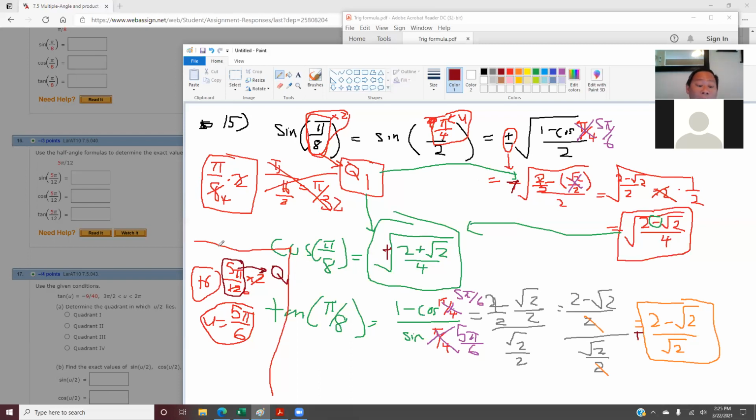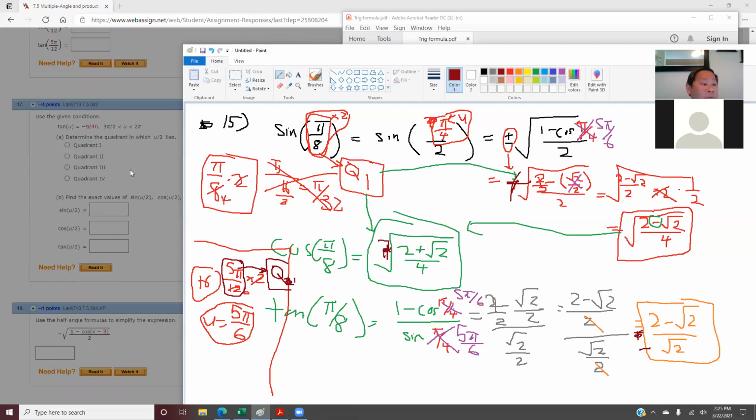That's the reason why you need to watch out for the quadrant, because if this is in quadrant 2, then your sine is positive, your cosine will be negative, and your tangent will be negative. You know what I'm saying? So you just need to watch out what quadrant. The unit circle, as I mentioned, you're not allowed to use in the test, but make sure you know all this special stuff.